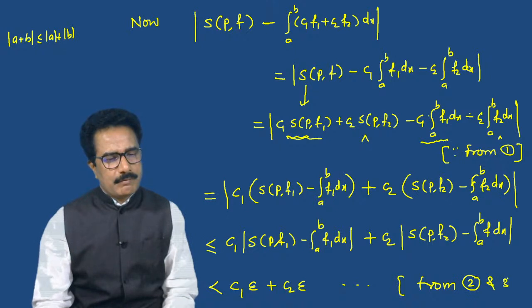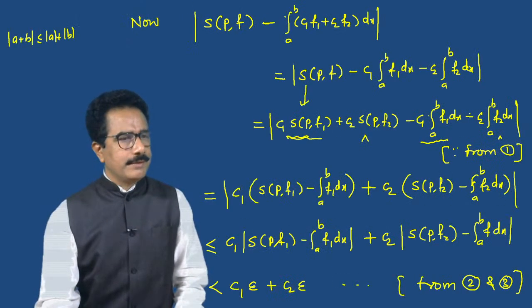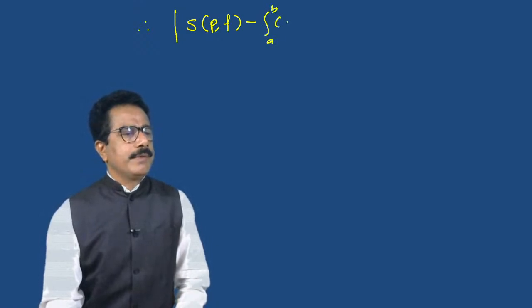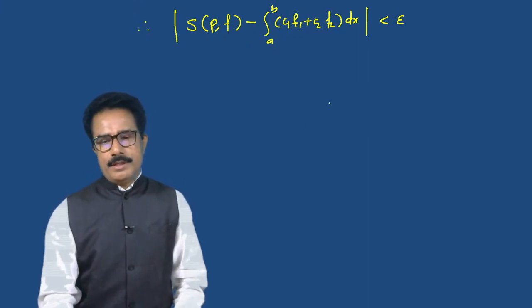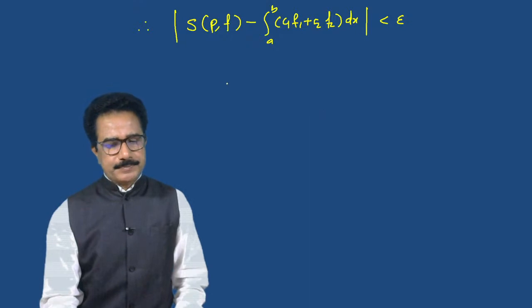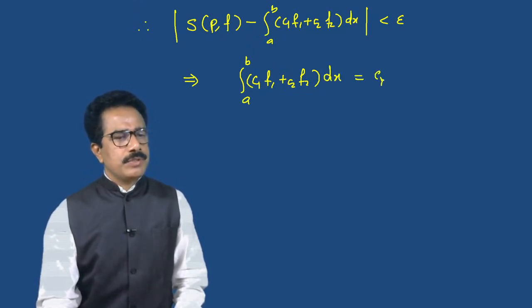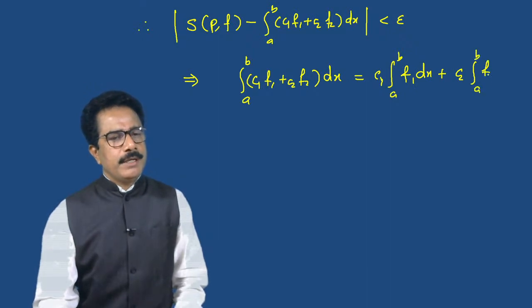Thus we get, therefore, mod of S of P comma f minus integral from a to b c1 f1 plus c2 f2 dx, which is less than epsilon, and this implies that integral from a to b c1 f1 plus c2 f2 dx is equal to c1 integral from a to b f1 dx plus c2 integral from a to b f2 dx.